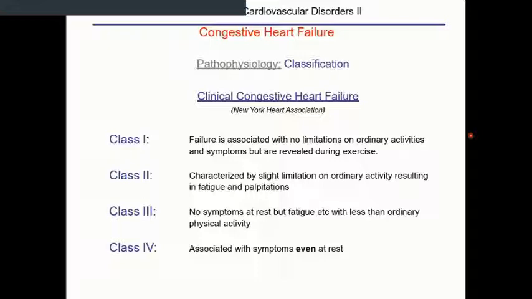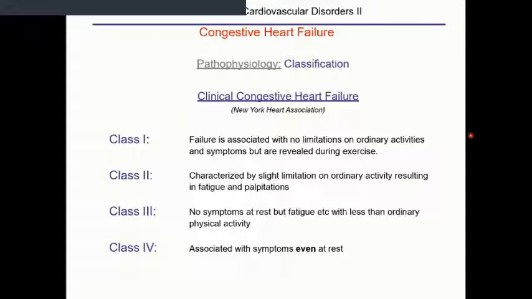However, we are more familiar with the New York Heart Association functional classification, which, although subjective and vague, remains the most commonly used standard by which severity of functional impairment can be graded. So we have class 1, class 2, class 3, and class 4, depending on functional activities.